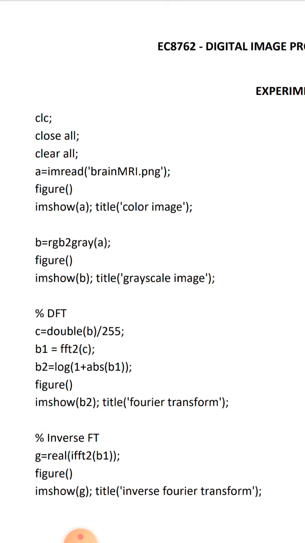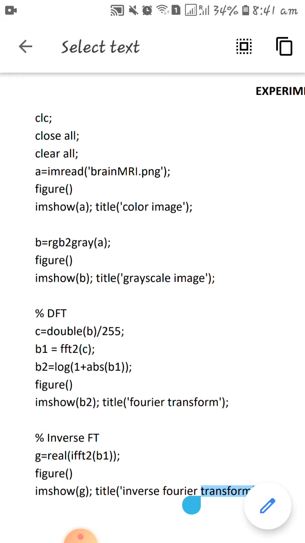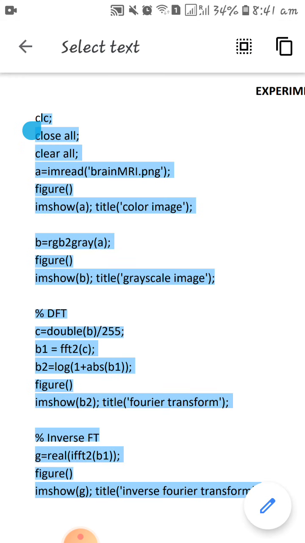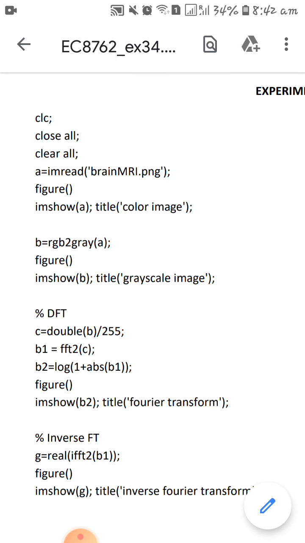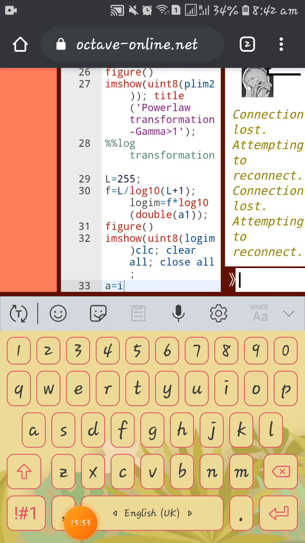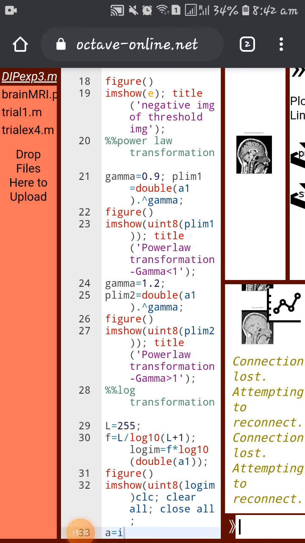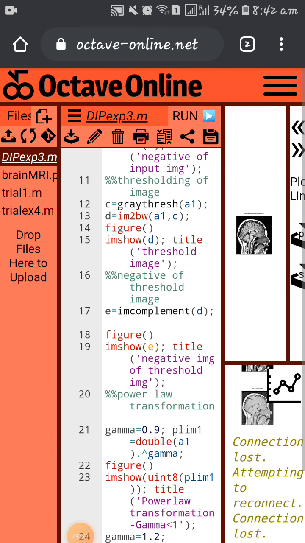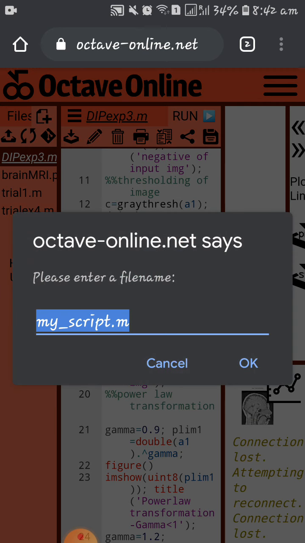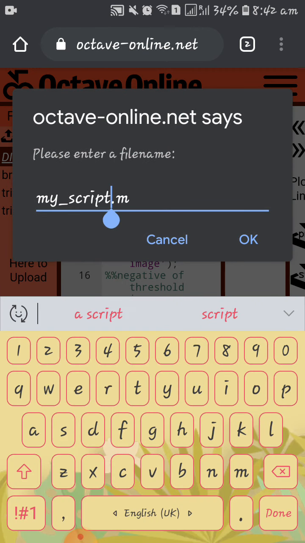So now we will see how we are going to run the code in Octave. So I am copying the code from here, copy, we will go to Octave. So here the previous code is here. I am just going to create a new file. Click on the file with the plus symbol on the top left. Again the default name is my script.